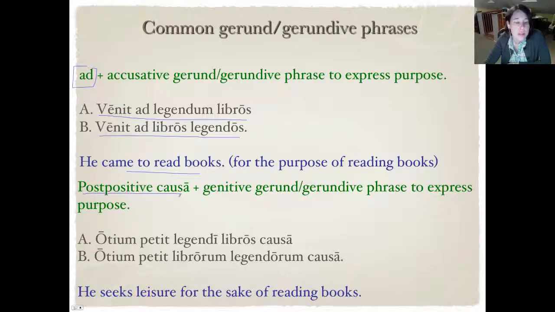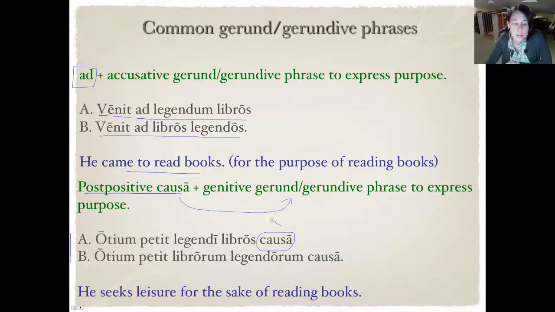Postpositive causa plus the genitive, gerund, or gerundive phrase is also used to express purpose. So sentences here: otium petit legendi libros causa. Okay, remember that a postpositive means that it is something that is literally placed after, right? Post, after, and then positive coming from the verb pono, ponere, posui, positum.